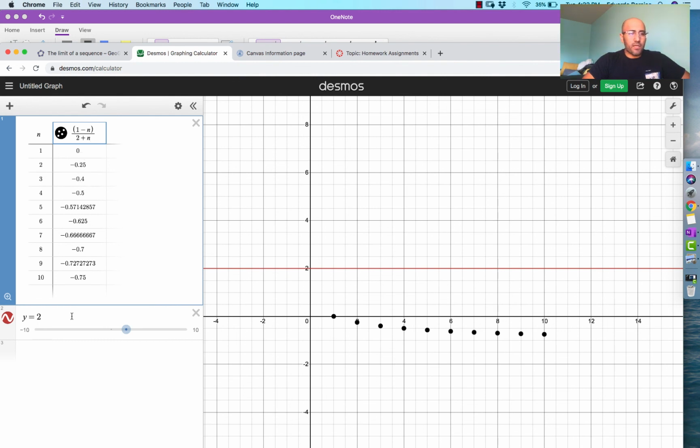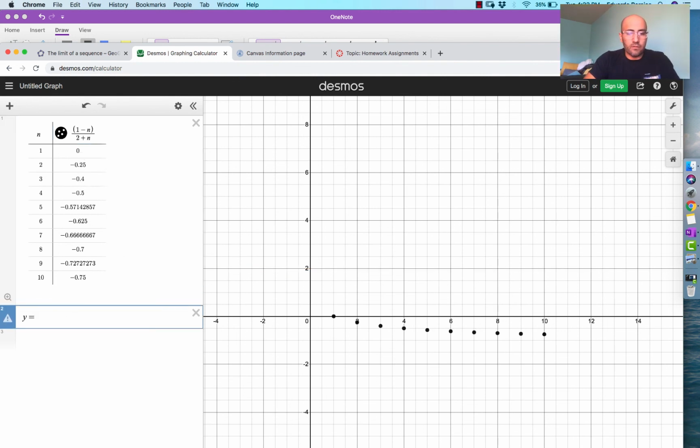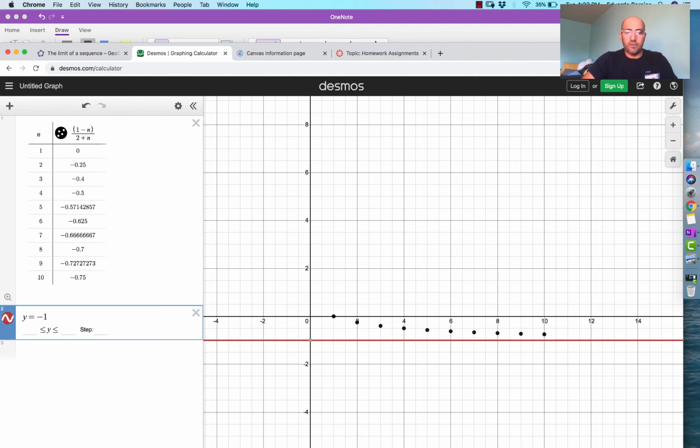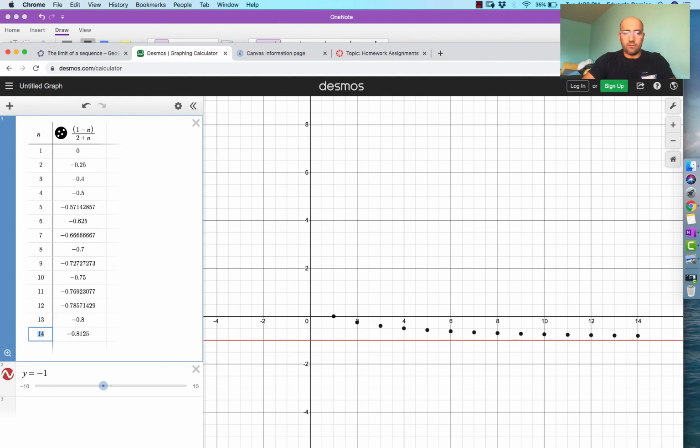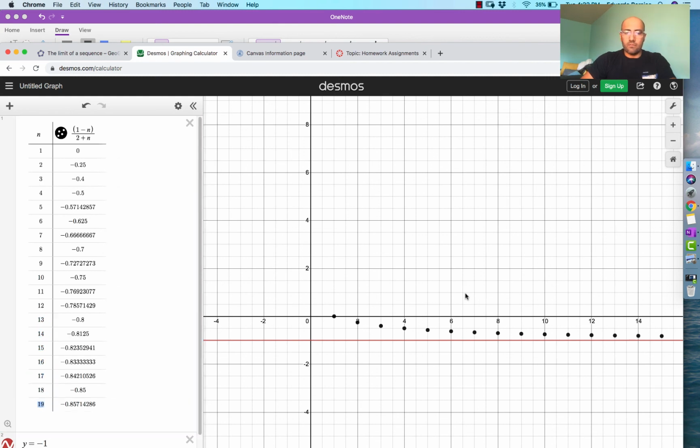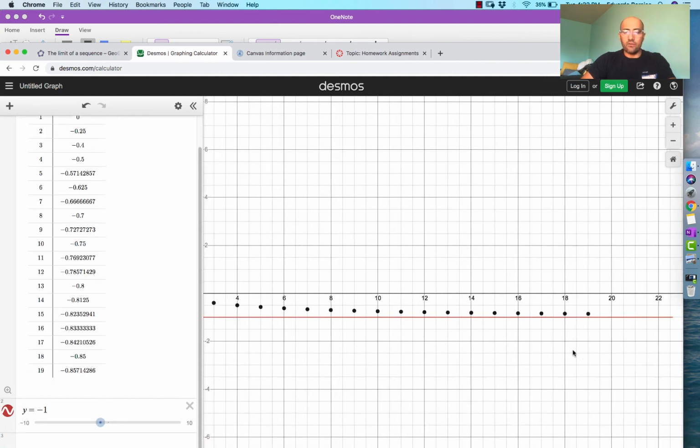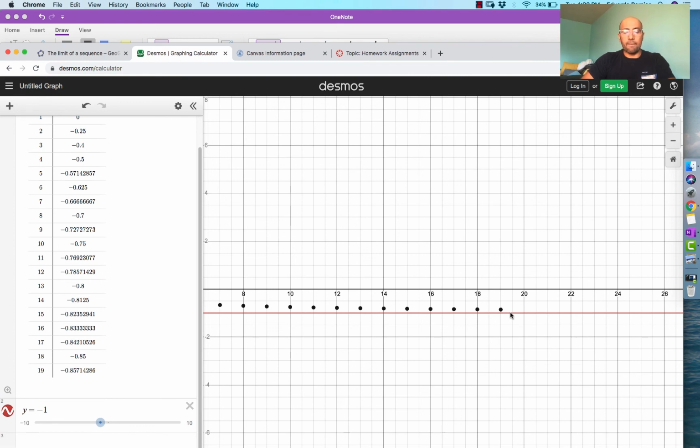So yeah, it looks like it is heading toward negative 1. As I keep going, those values are getting closer and closer and closer to negative 1.